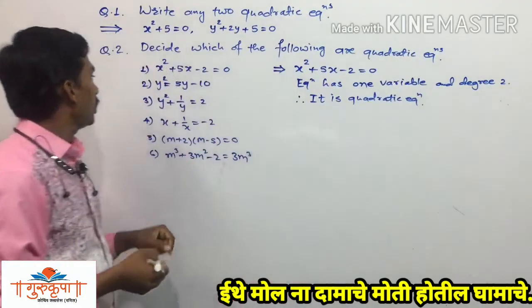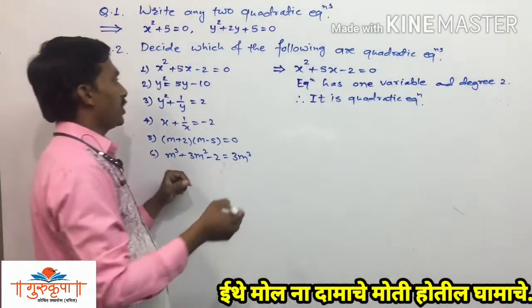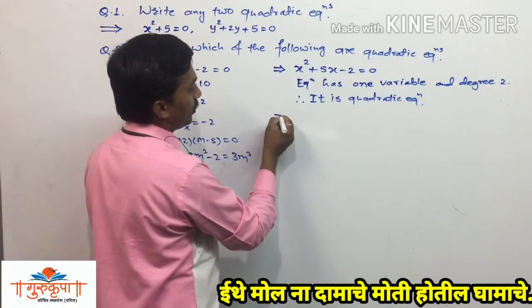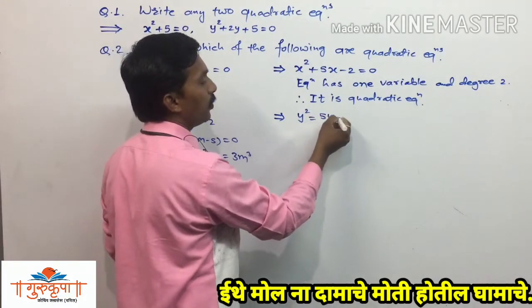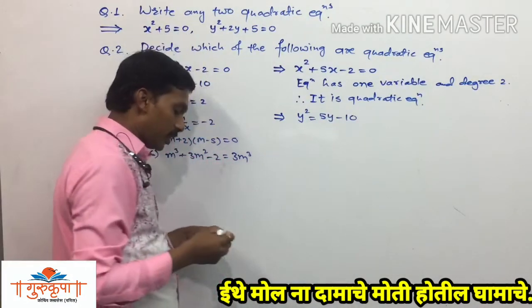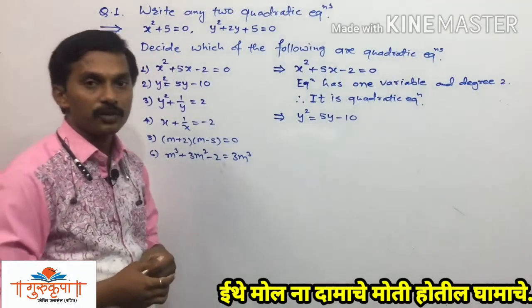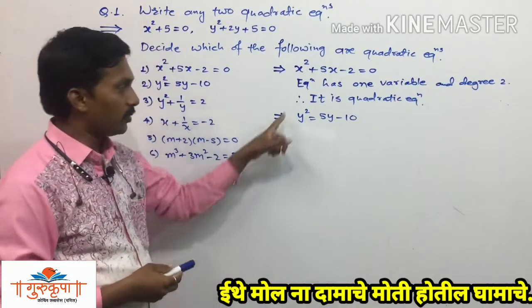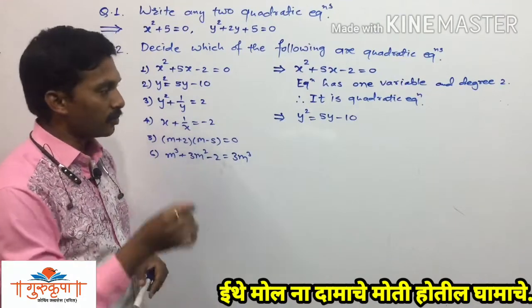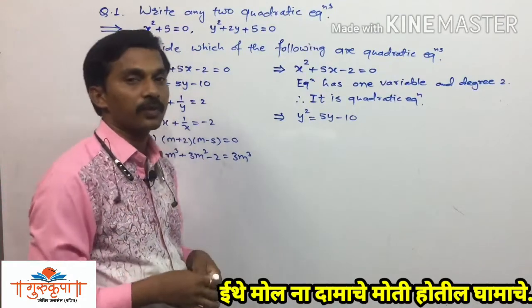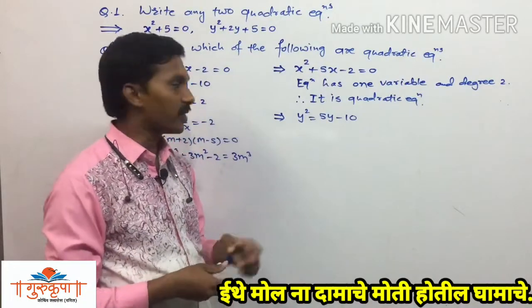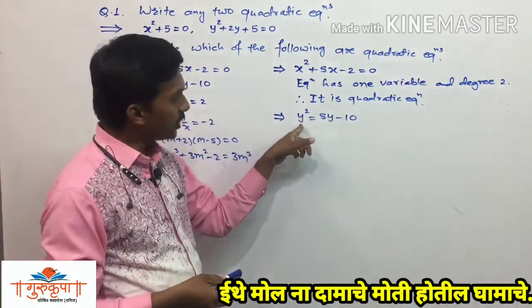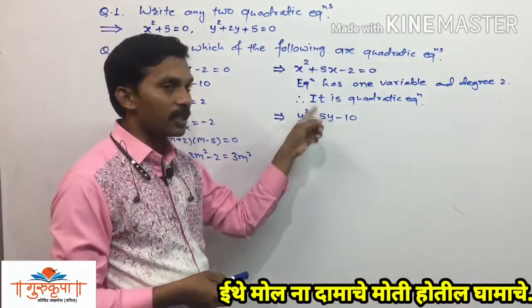Now see the second equation, that is y square is equal to 5y minus 10. This equation is not in the standard form, so we will write it into the standard form first. We have to write the term having maximum index first, then the term with lesser index, then the next lesser.